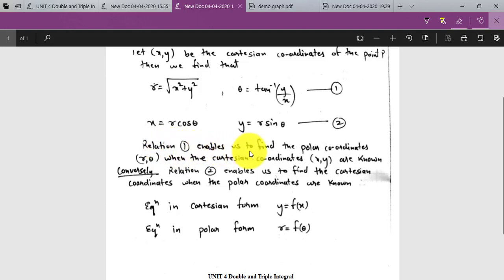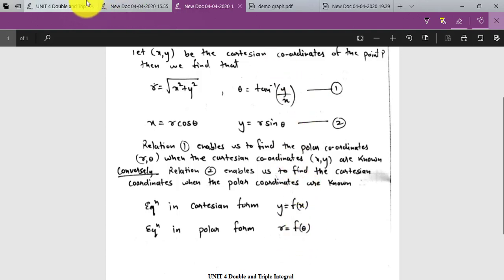Relation 1 enables us to find polar coordinates r and theta when the Cartesian coordinates x and y are known. Conversely, relation 2 enables us to find the Cartesian coordinates when the polar coordinates are known. Usually the Cartesian form is represented by y equal to f of x, and the polar form by r equal to f of theta.